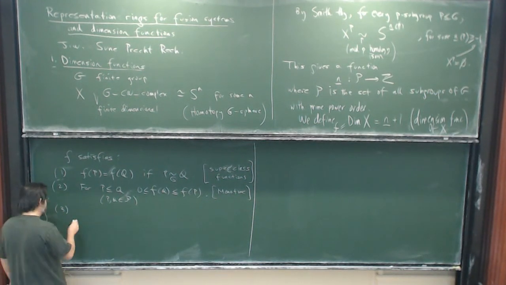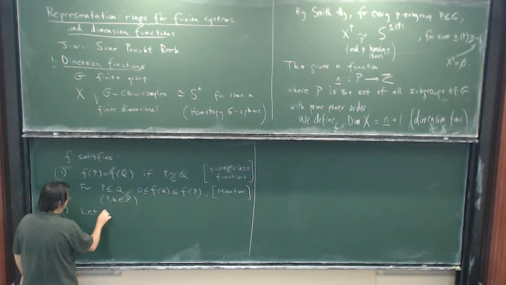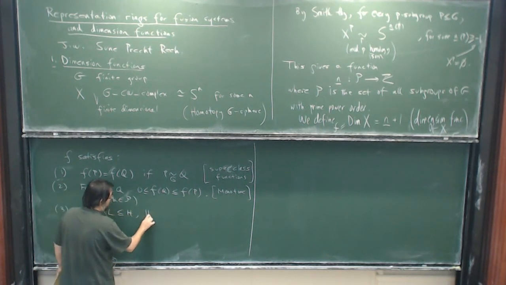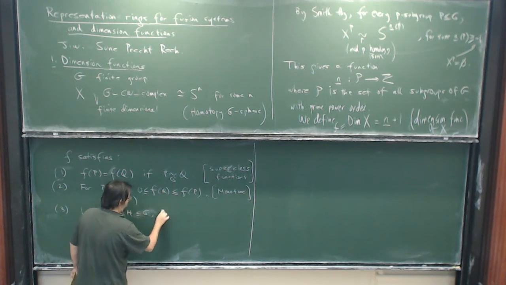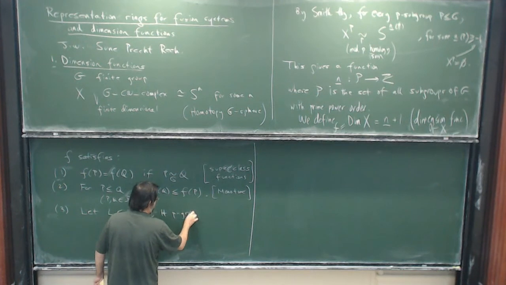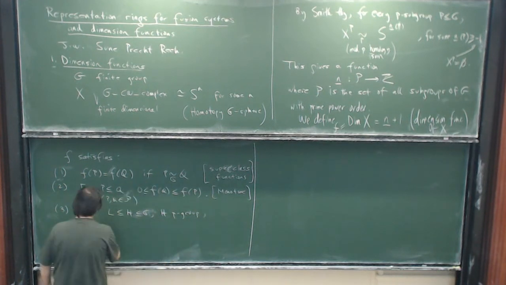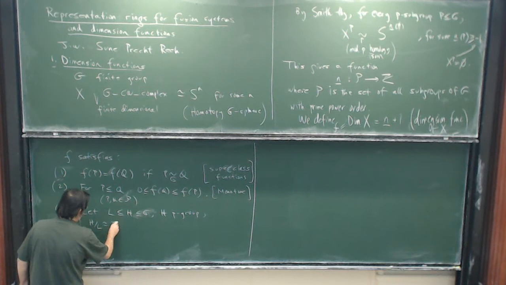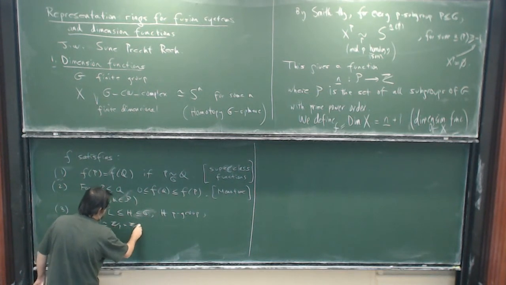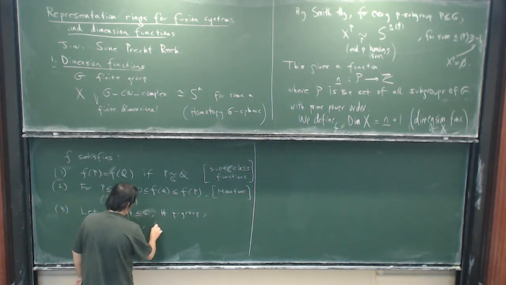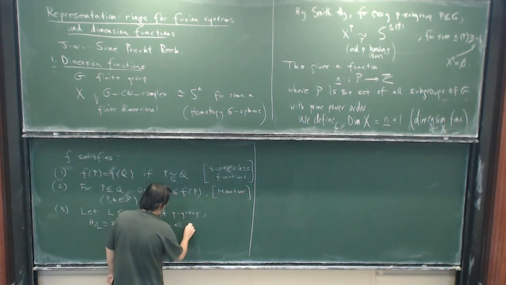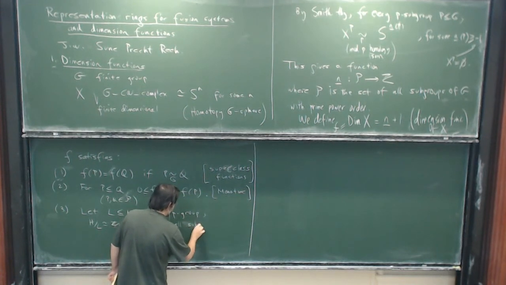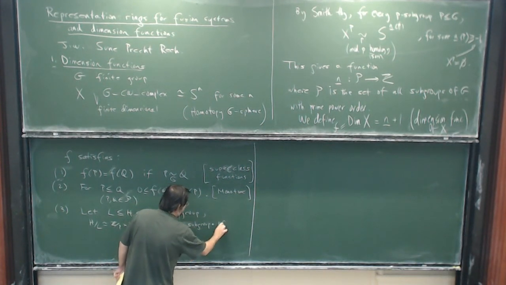We also have some other conditions. Say L is contained in H, where H is a p-group in G, and H over L is C_p cross C_p. Also say the H_i over L are all the subgroups of H over L of index p.